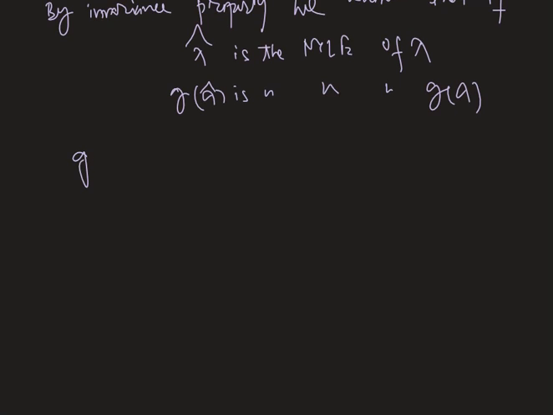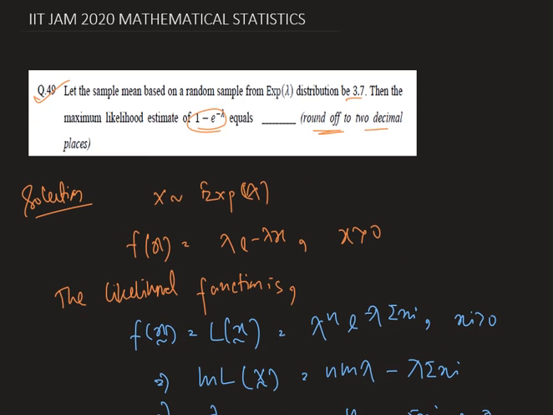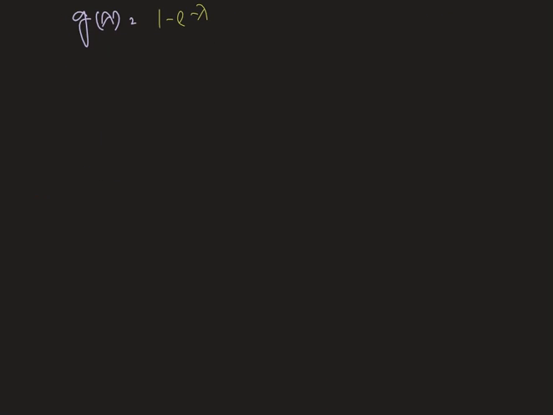Now the g of lambda here is given as 1 minus e to the power minus lambda. Hence g of lambda hat is nothing but 1 minus e to the power minus lambda hat, or 1 minus e to the power minus 1 by x bar.